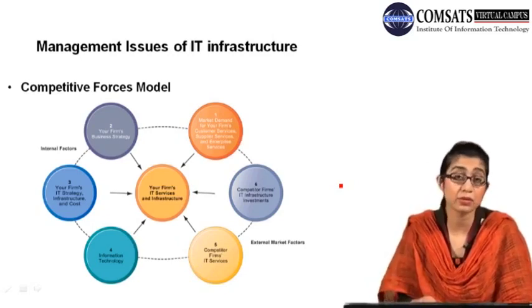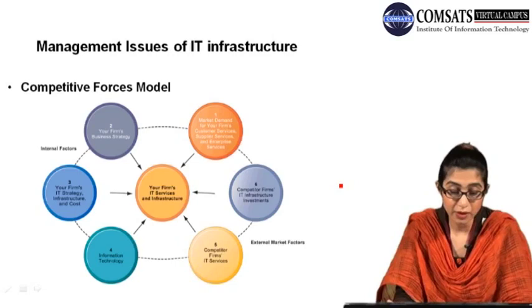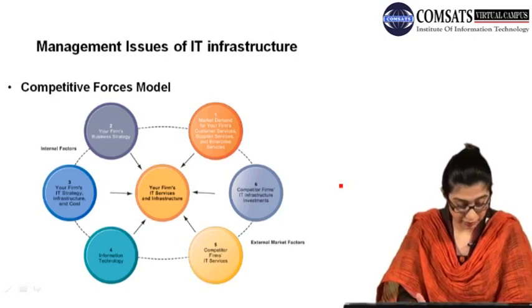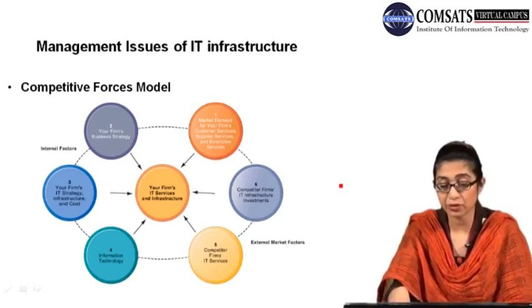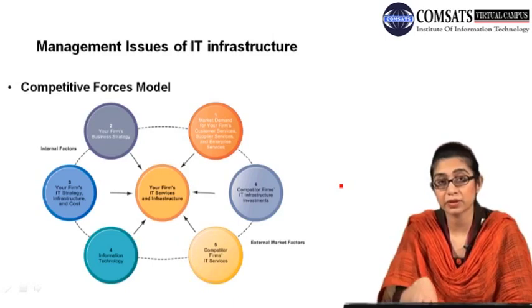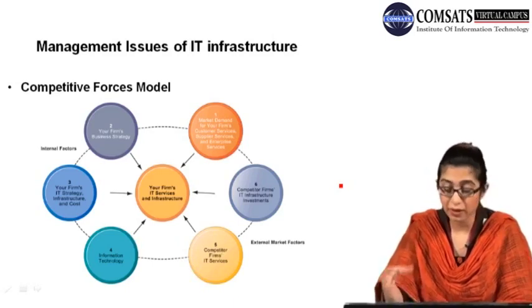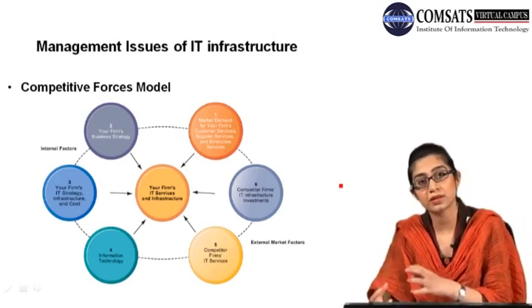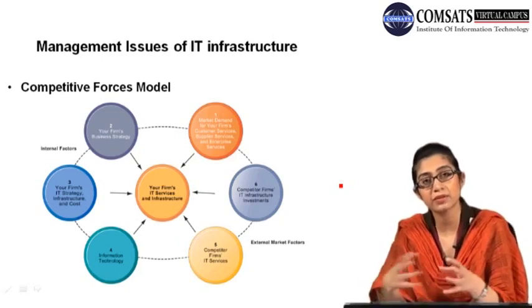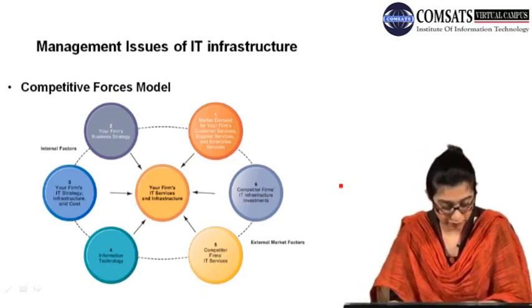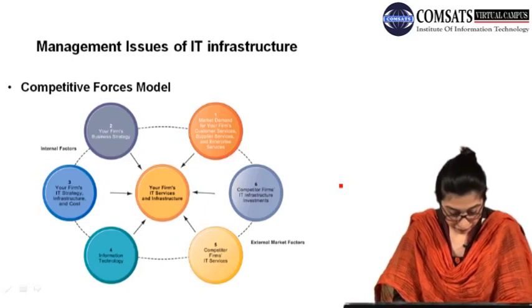Then once you've listed out the goals of the company, number three is your firm's IT strategy, infrastructure and cost. Third comes the 5-year plan of your IT infrastructure, whether it meets the business strategy, whether it meets the business's 5-year plan or not. So you have to compare that as well.